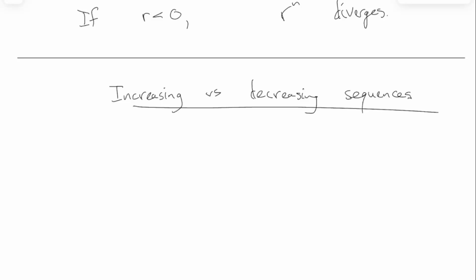What I mean by increasing would mean, when you look at a graph of the sequence, it goes up every time, right? And decreasing would mean the dots go down every time.